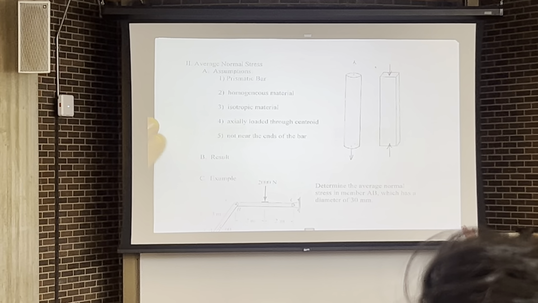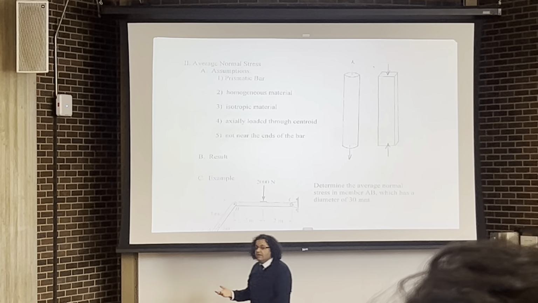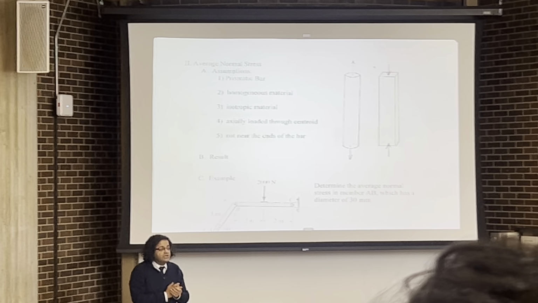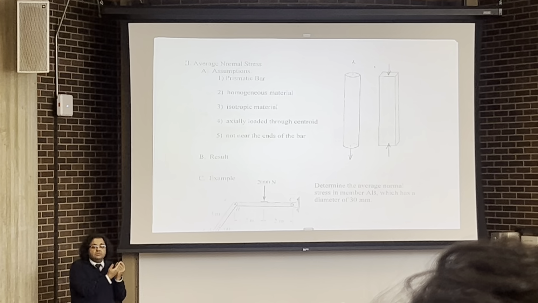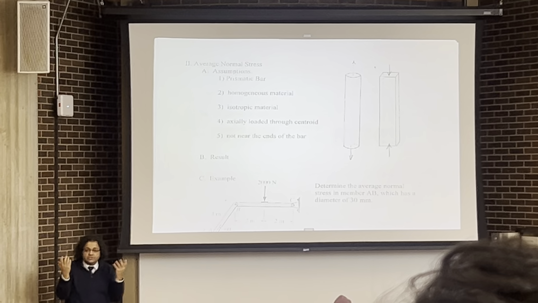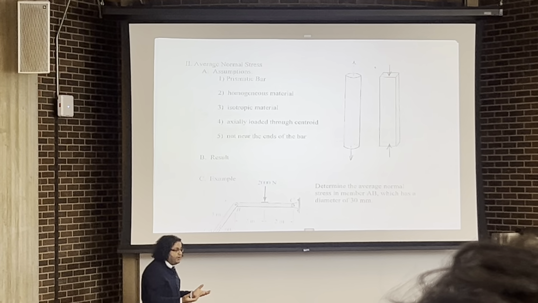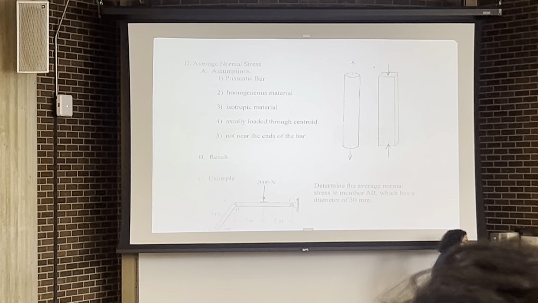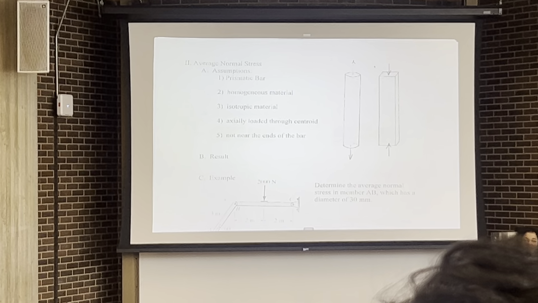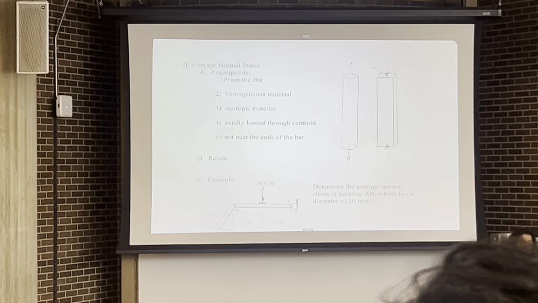You work with these kinds of elements in your statics class, whenever you had a truss system, a two-dimensional truss, three-dimensional truss. These are two force members, which are members that are either subjected to tension or compression. So if we have a longitudinal element, we can qualify it as a prismatic bar.